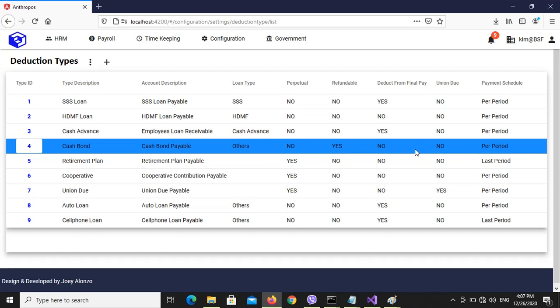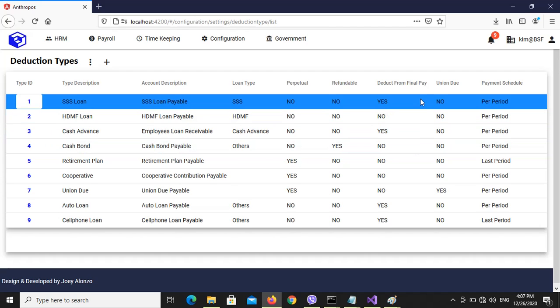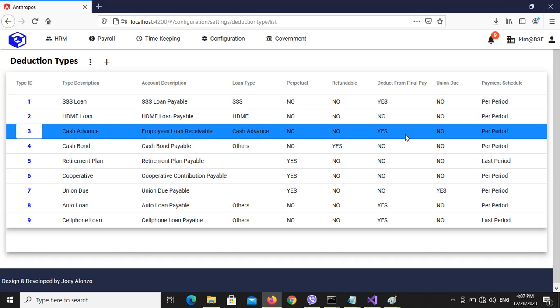And then here, you can specify whether it can be deducted from the final pay. Now to know more information about final pay, please watch my video regarding final pay. But basically, this is actually the amount that is being given to the employee at the time he or she leaves the company.